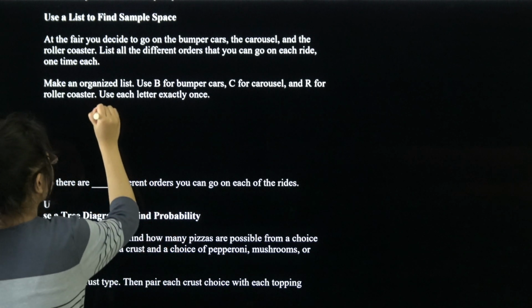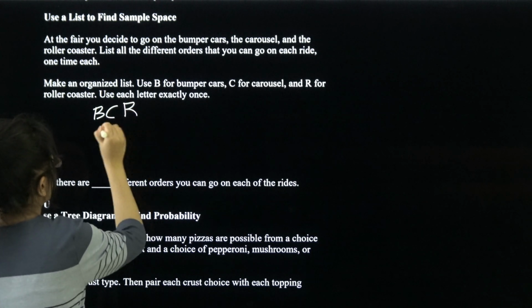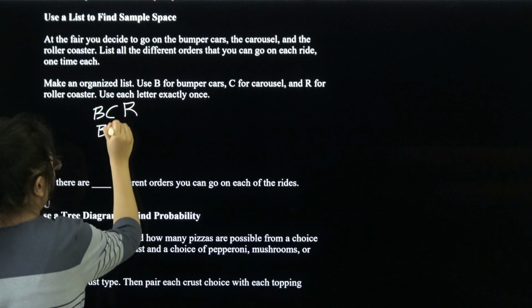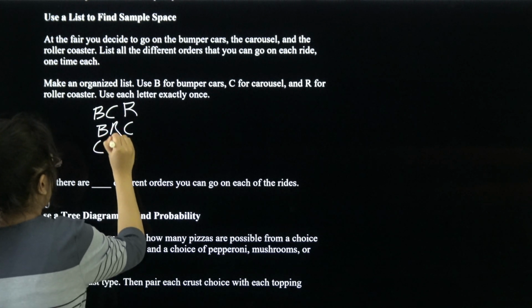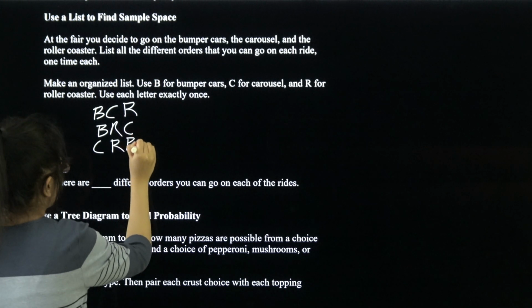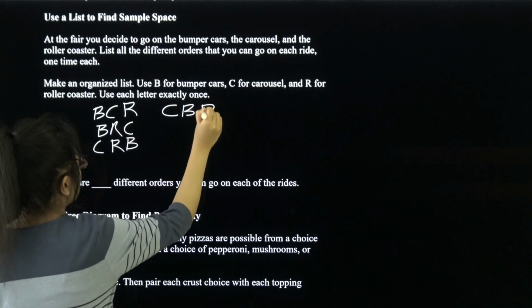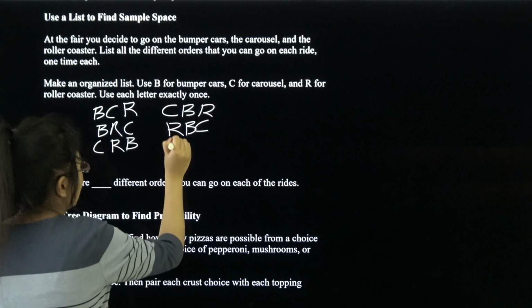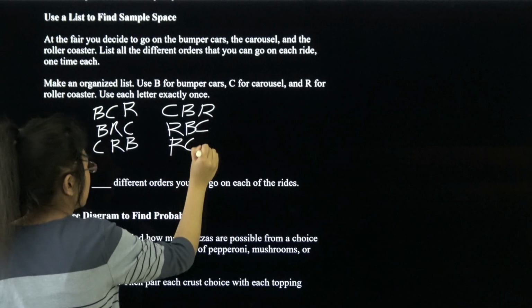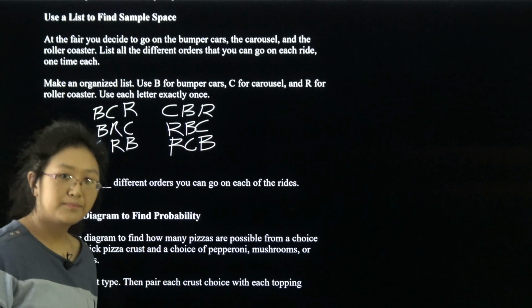So we could go B, C, R, B, R, C, C, R, B, C, B, R, and R, B, C, R, C, B. Is that it?